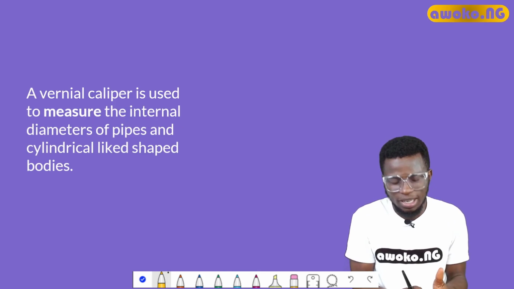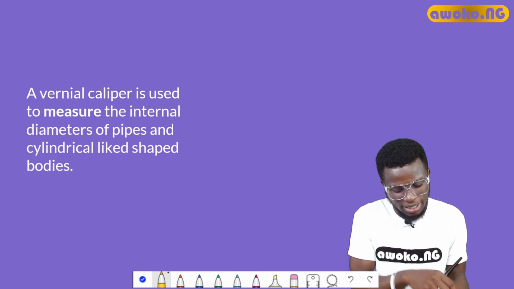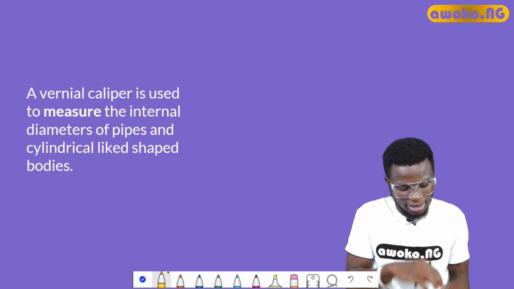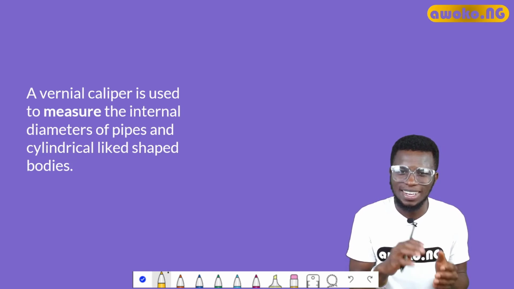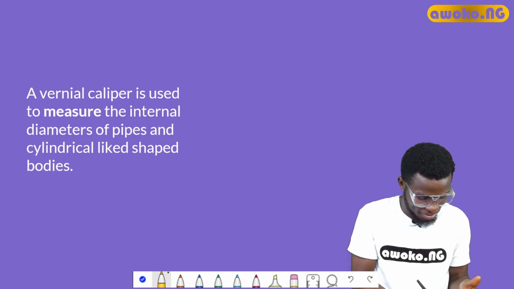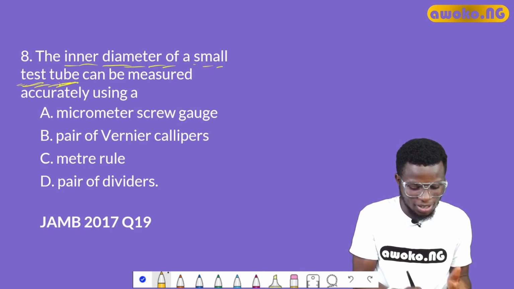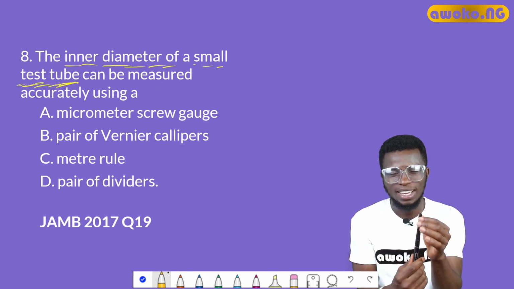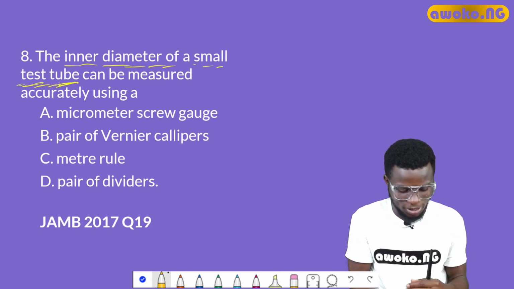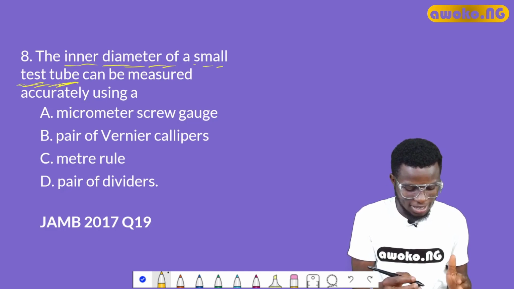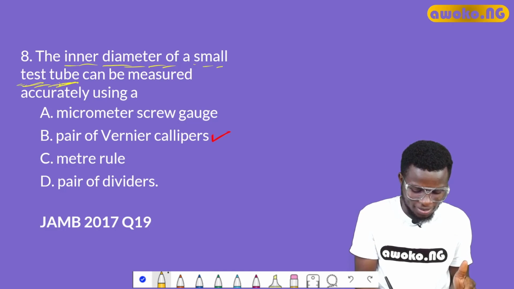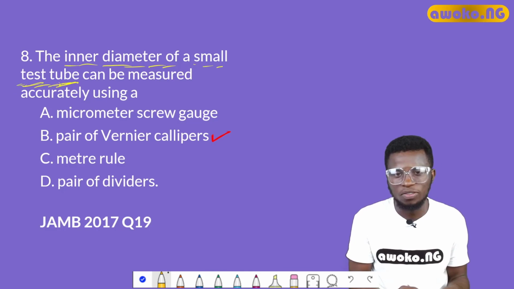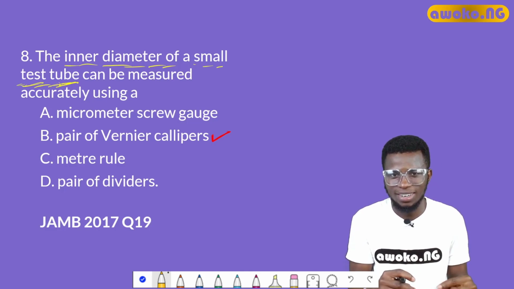A vernier caliper is used to measure the internal diameter of pipes and cylindrical bodies, and that gives us our answer, because our question is to find the internal diameter of a small test tube. A test tube is just like a small cylindrical body. So the answer is option B. Meter rule measures linear distances. Pair of dividers also measures linear distances.